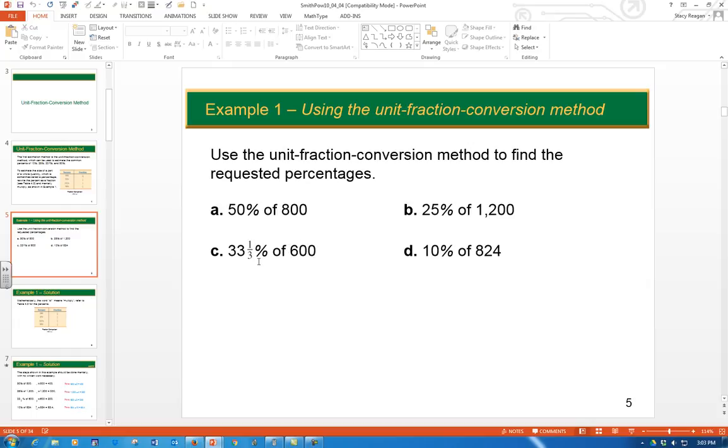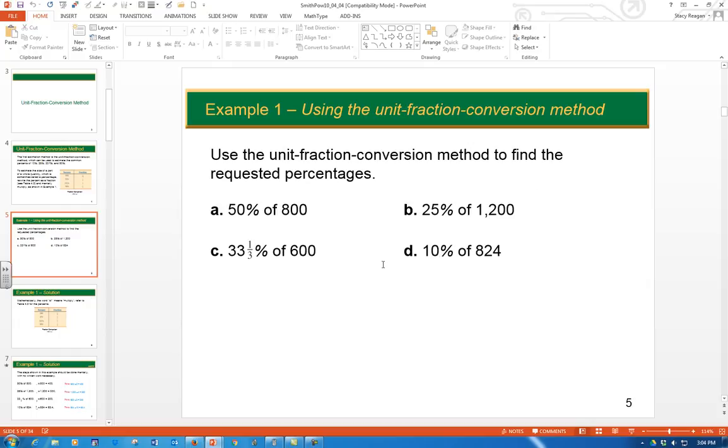So 33 1/3% of 600 would be 200. 25% of 1200. 4 into 1200, 4 goes into 12 3 times, so this would be 300. 10% of 824, 10 goes into 824, 82.4 times, so 10% would be 82.4. And that's all you're doing. You're taking these numbers, and if it's 50%, you divide by 2, 33 1/3%, you divide by 3, 25% you divide by 4, and 10% you divide by 10, just to get a quick estimate.